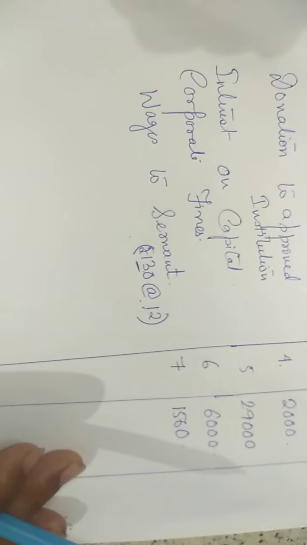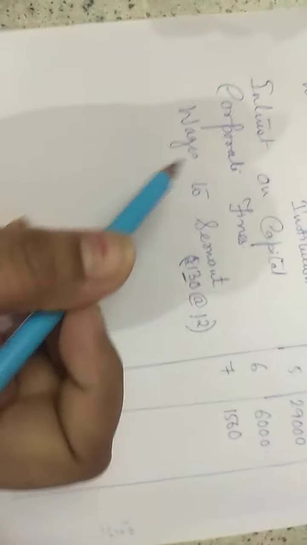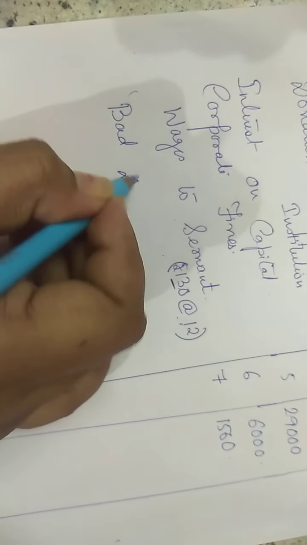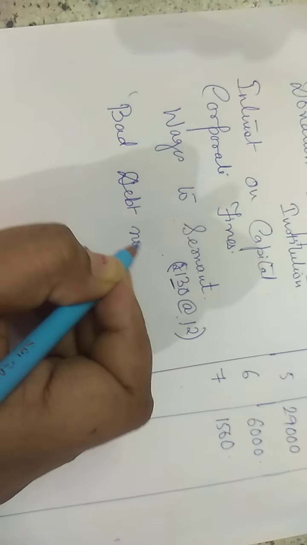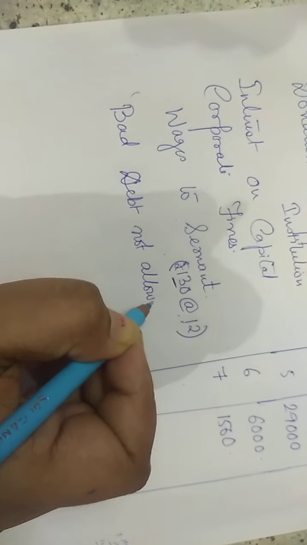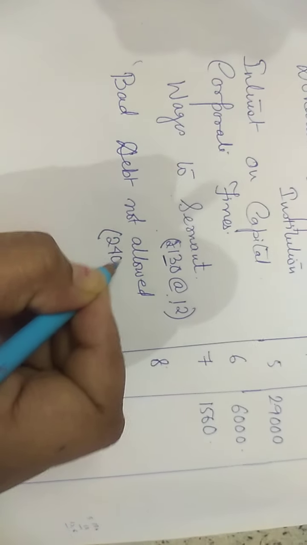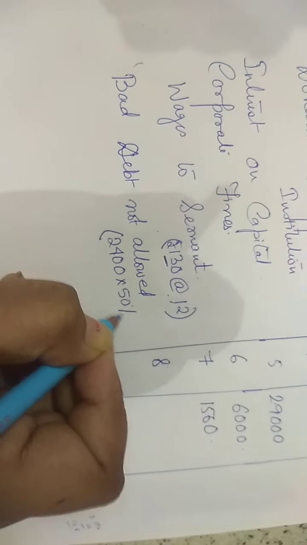Okay. Fine. Bad debt not allowed. Remember, I had written a bad debt of 2,400, but IT department told that no, we cannot allow you 2,400 of bad debt. We can allow you only 50% of bad debt.